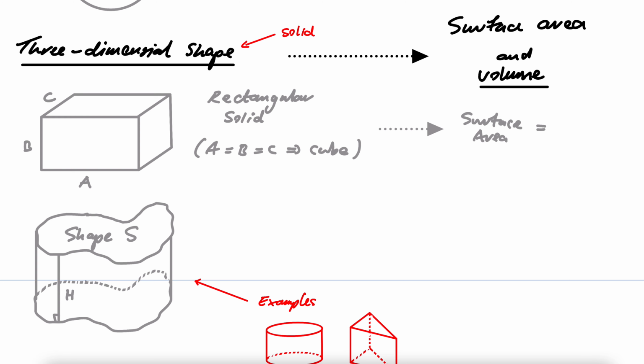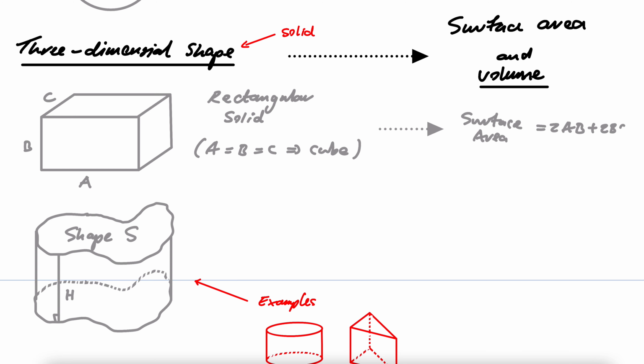So first of all, if I was to take this face here, that has area A times B, but there's another one of it on the back, or at least an identical copy moved along. So at the back, same story, that would be a face with area A times B. So there are 2 faces with exactly the same area A times B, so that would contribute 2AB to the surface area. And if you go around each of the faces, you get the same thing.